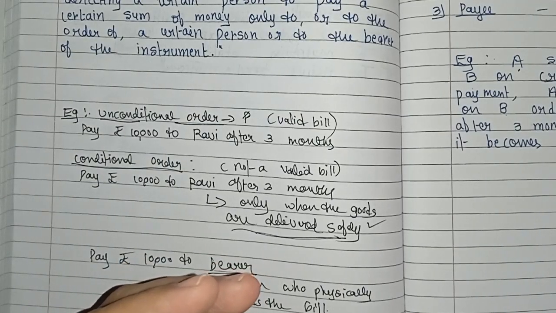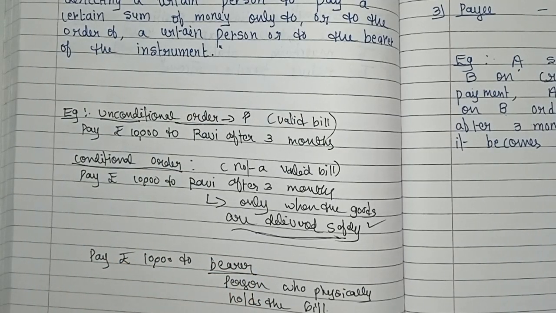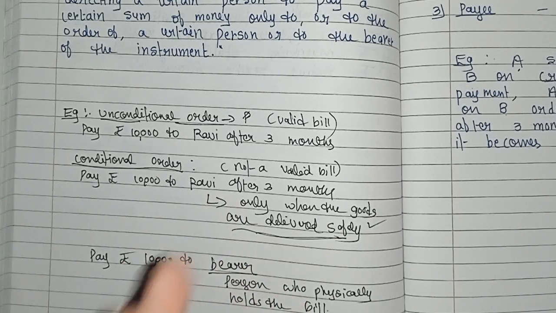Here in this case the drawee does not need to check the name of the person who is going to receive the amount. Payment is made to the person holding the bill. That's it. The drawee will make the payment to the person who holds the bill of exchange.